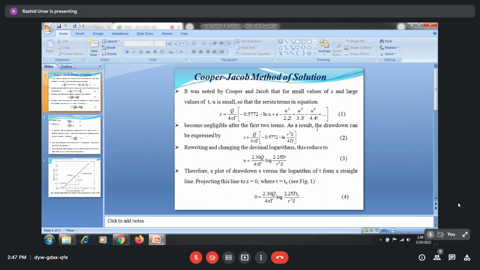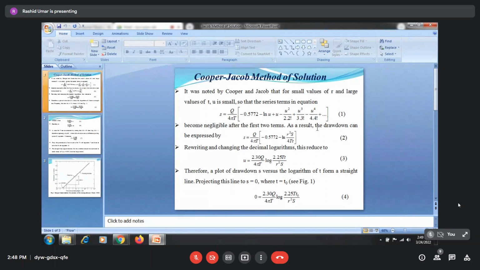What is large? Pumping time is large. As somebody has asked, in this class or in another class, what should be the duration of pumping. In the case of the non-equilibrium method, the duration of pumping is not defined, because we can analyze the data of a few hours also just to evaluate the parameters.